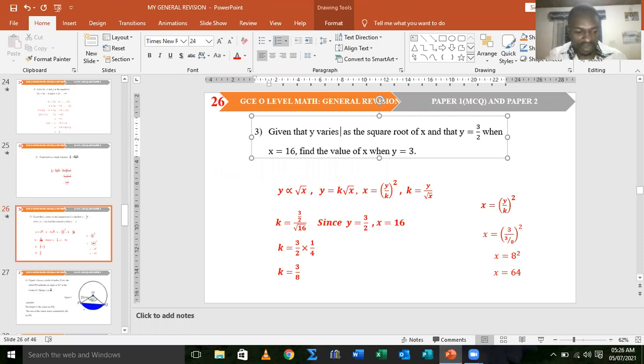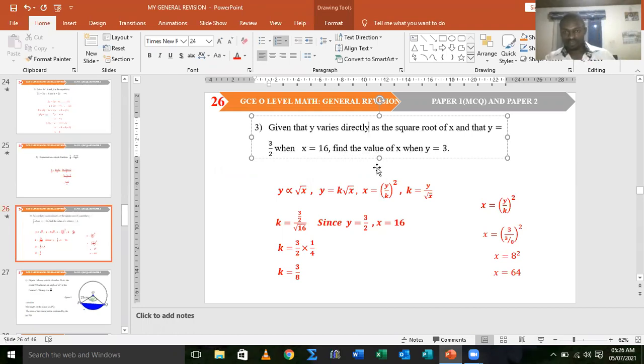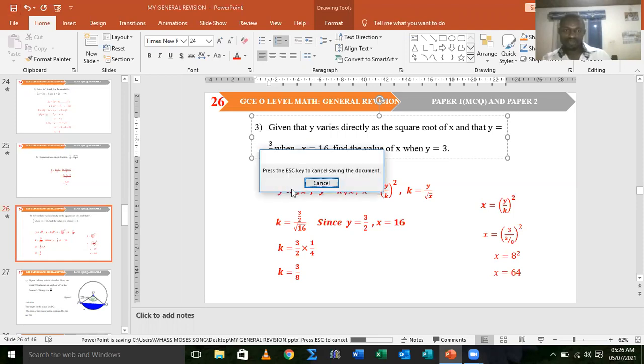Y varies directly, was a typing error. Y varies directly as the square root of x, and that y is 3 over 2 when x is 16. Find the value of x when y is 3.